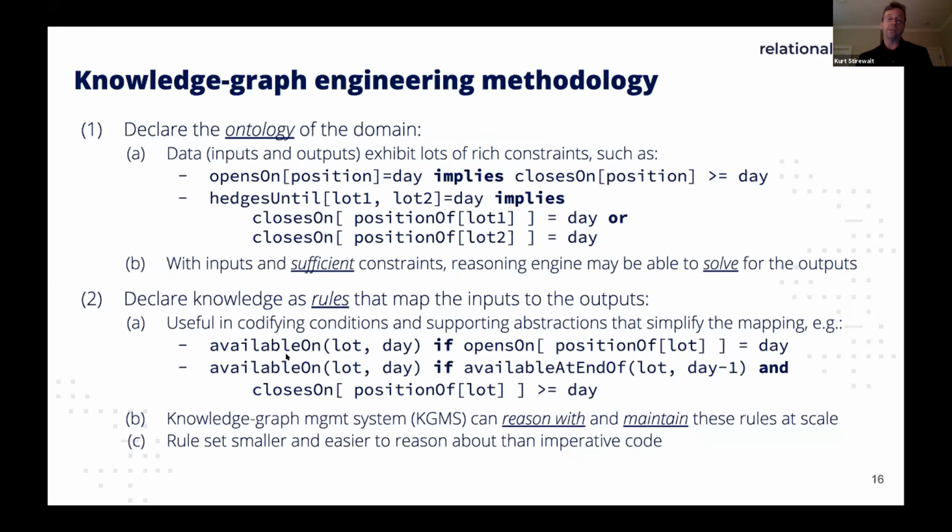And the reason for that is this relation here, available on, is actually defined in terms of available at end of, as you see here. And we'll later see a rule for available at end of that refers to available on, right? So there's a cycle there. With a knowledge graph management system, you can actually reason with these rules and maintain the calculations they perform at scale, even though they have these circularities in them.